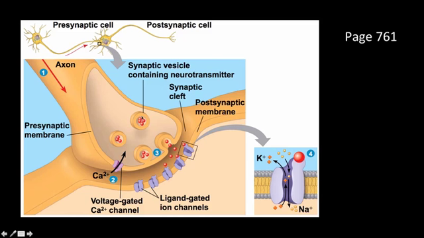That signals the vesicles to fuse to the axon terminal membrane. When they fuse, they release the neurotransmitters. They float across and bind to the ligand-gated ion channels on the next neuron. When they bind, it causes these channels to open up, and sodium and potassium can move in or out, and as a result, the next action potential is created.